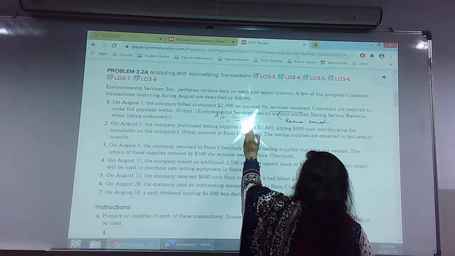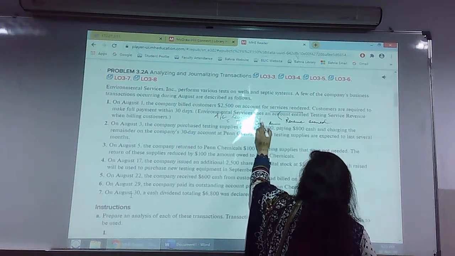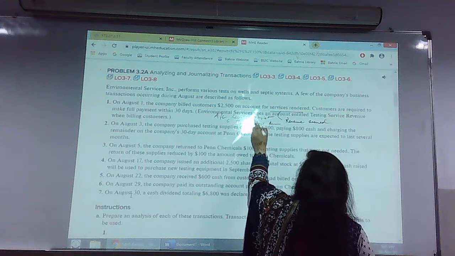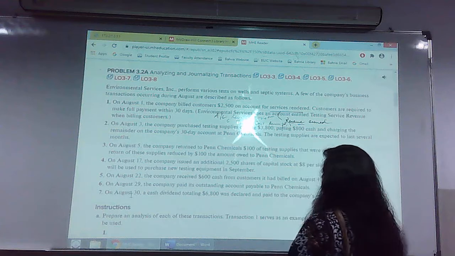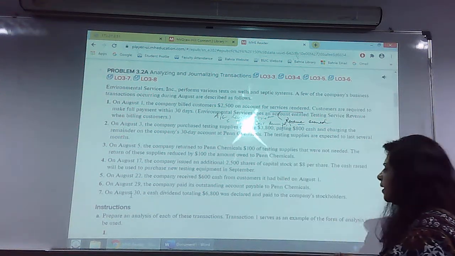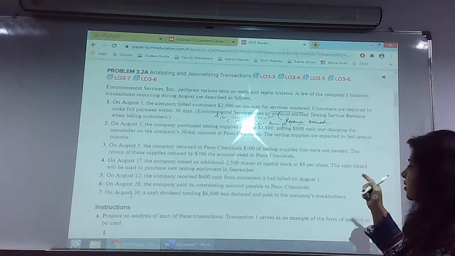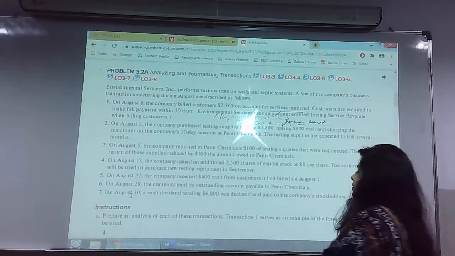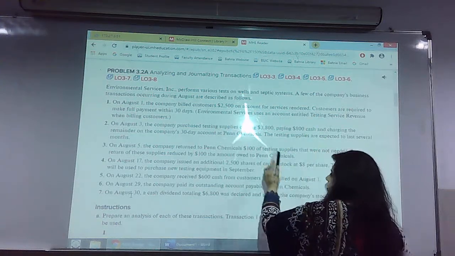So I'm going to use the word testing service revenue for $2,500. Okay, so this is basically the transaction. This is debited and that is credited, and that is how you're supposed to be analyzing. And then you can make the general ledgers. After this, you can make the ledgers from the general journal or the journal entries basically.